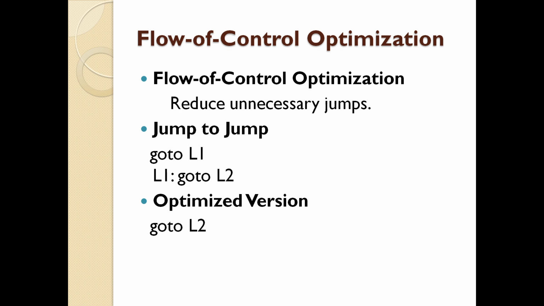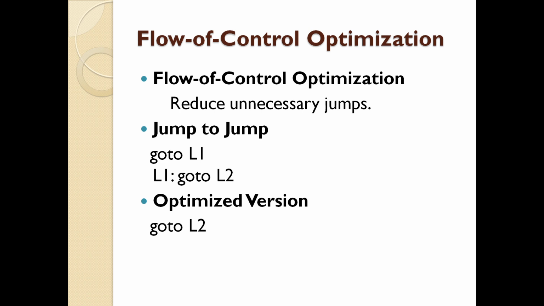Next we have flow of control optimization. The objective here is simple. Reduce unnecessary jumps. Every jump transfers control from one location to another. Too many jumps increase execution overhead. Therefore, the compiler tries to simplify the control flow.